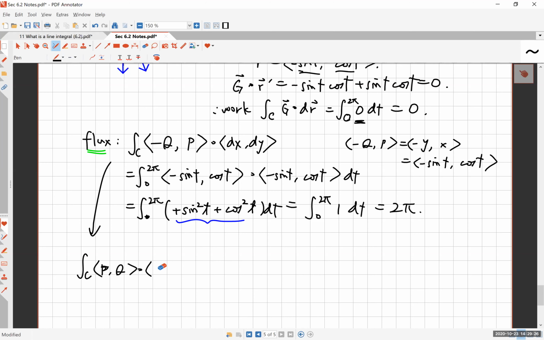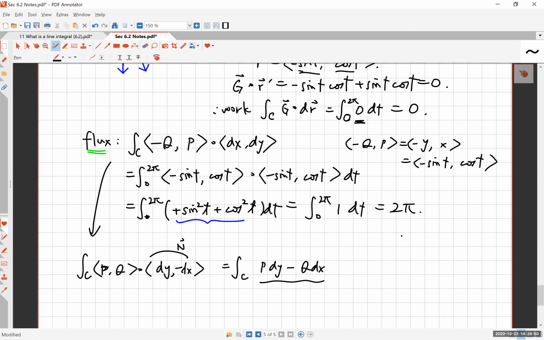I am somehow used to doing it this way, and that's what helps, I guess. So instead of doing negative q dx plus p dy, I often do this because I remember this is my normal component. So the way I do this is often p dy minus q dx. If that works for you, that's fine.